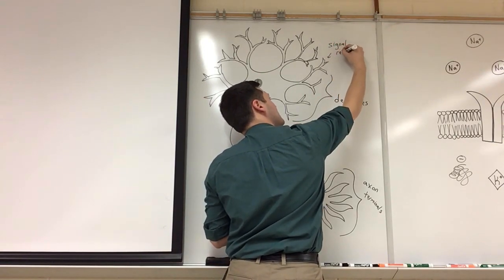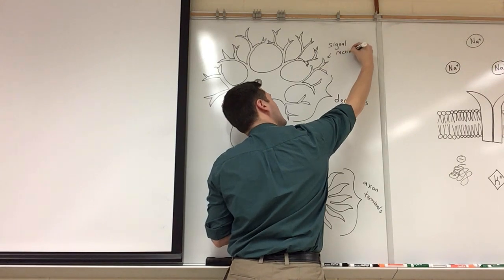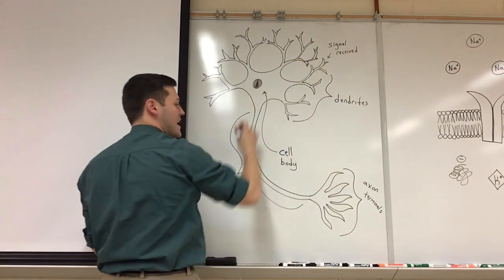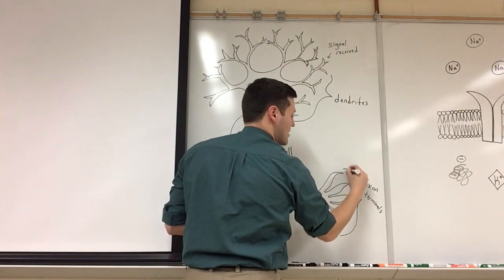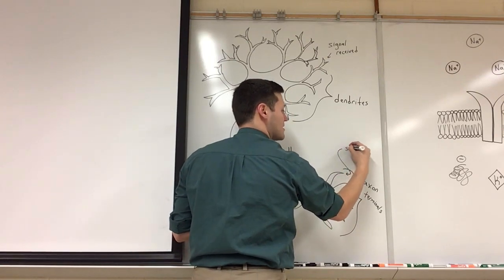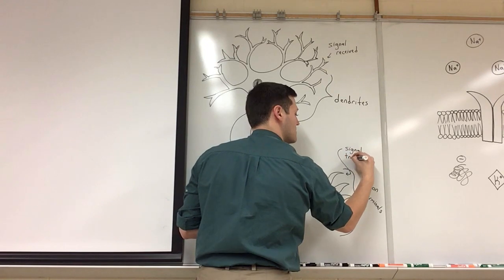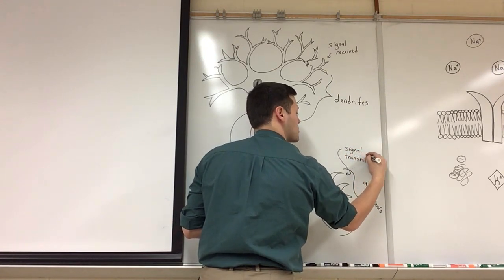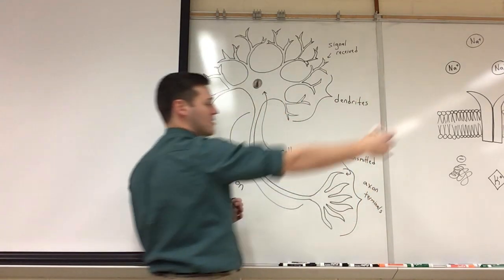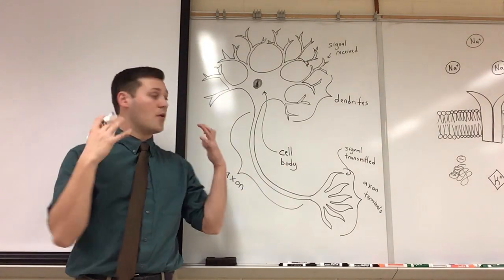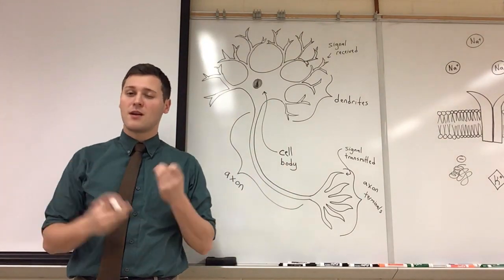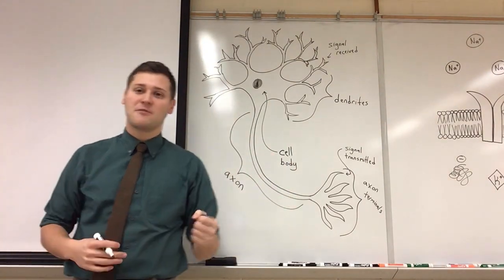And then at the end, at the axon terminals, this is where the signal is transmitted, and it's transmitted onto the next cell. So those are some main parts of the neuron. That's the neuron anatomy, if you will.